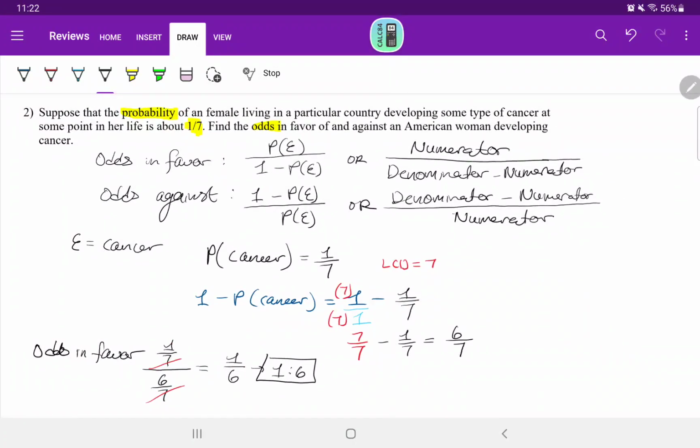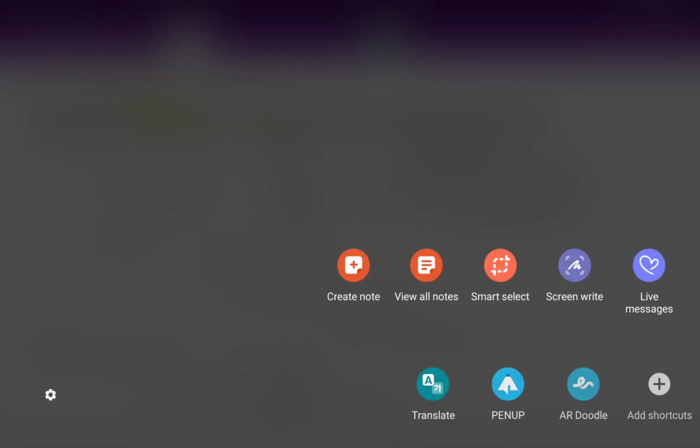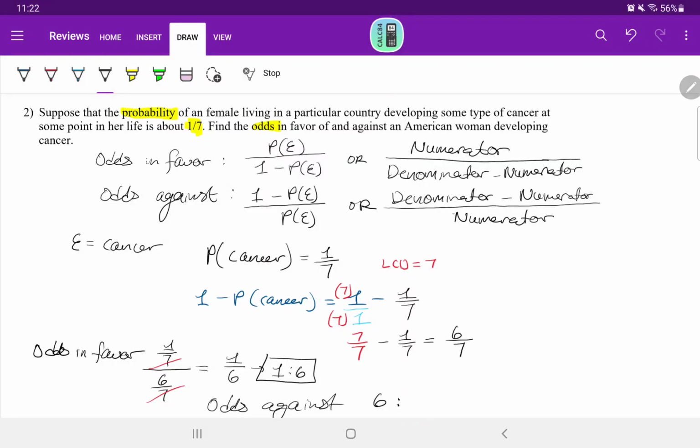Which means, if we have the odds in favor, the odds against will be 6 to 1. And I'll put an equal sign here. Nope. I don't use that notation either. I'm so indecisive.